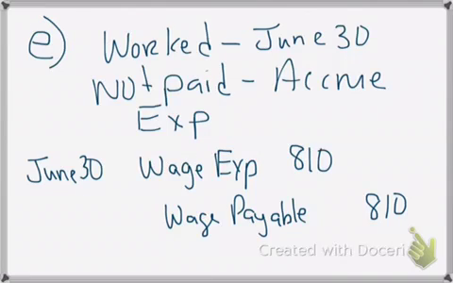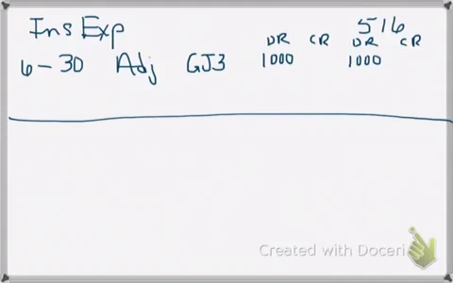You then move forward and you would find the prepaid insurance in the ledger. What we have for prepaid insurance in the ledger is account 114. Currently, what we have in this is an entry for June 3rd.